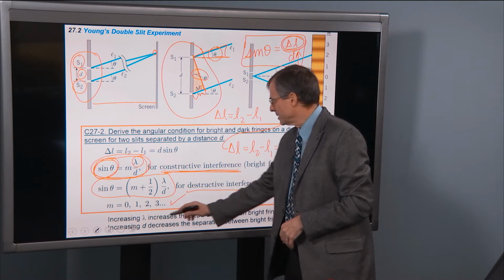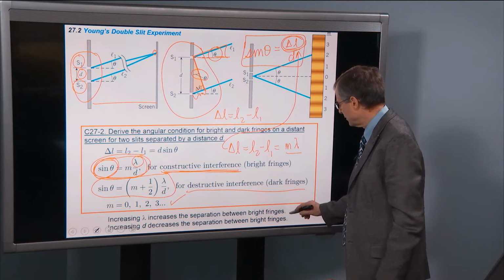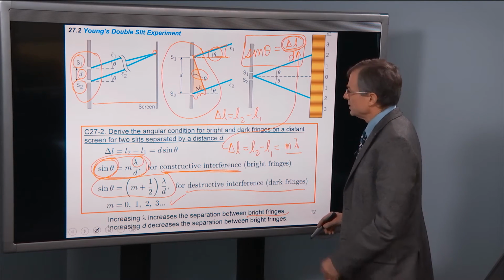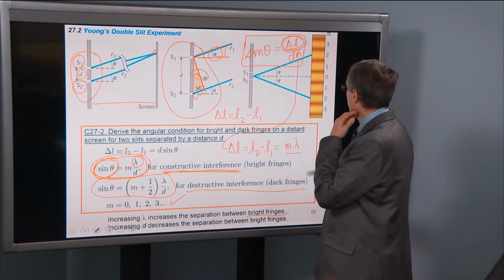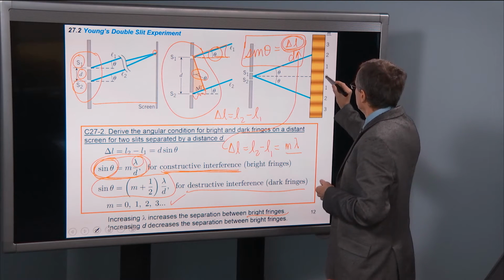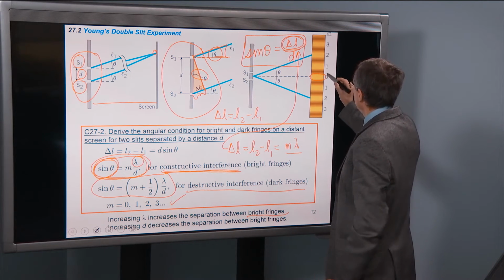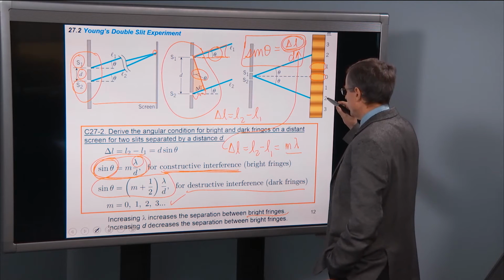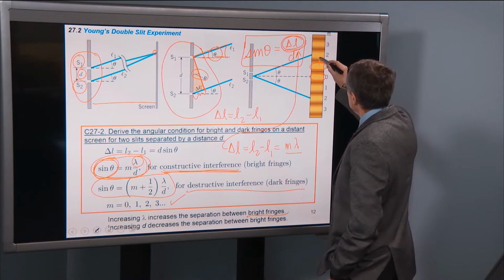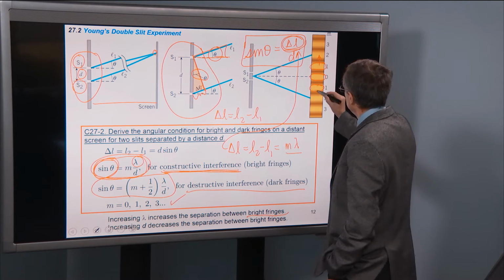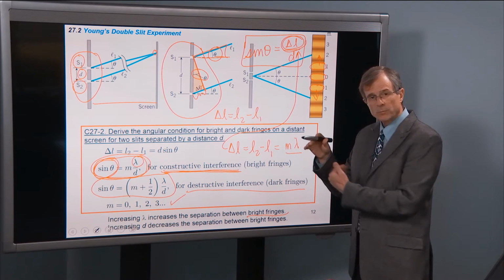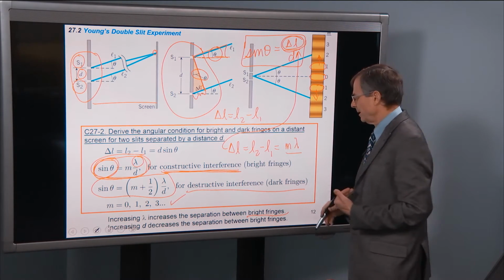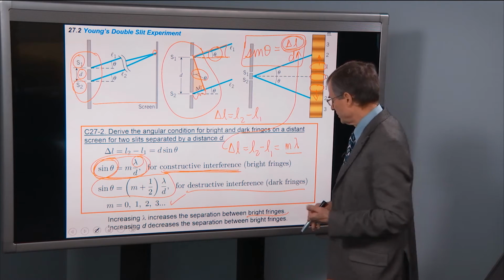That says that increasing lambda increases the separation between bright fringes. So if we were to increase the wavelength, then what we'd see over here, here's the 0th bright fringe, here's the next bright fringe, etc. These would be moving away from each other. They get more and more separated. And we'll see that in a demo coming up as well.